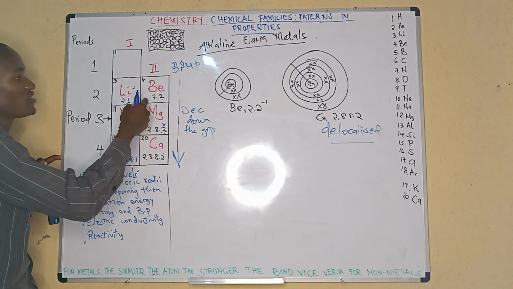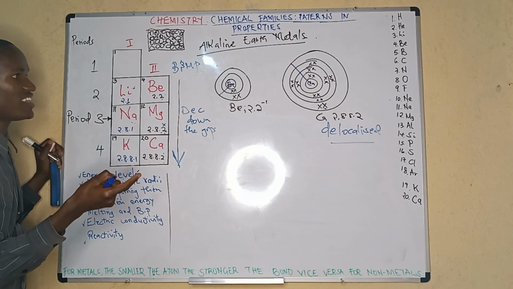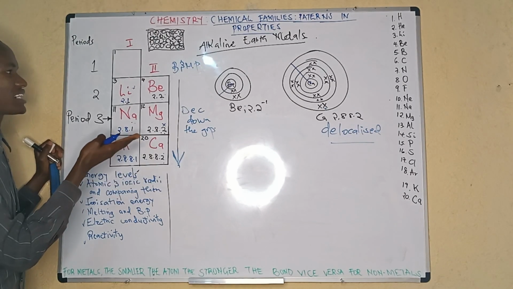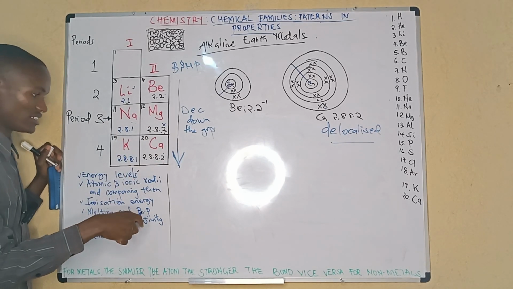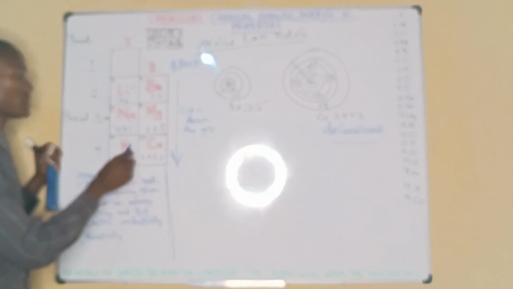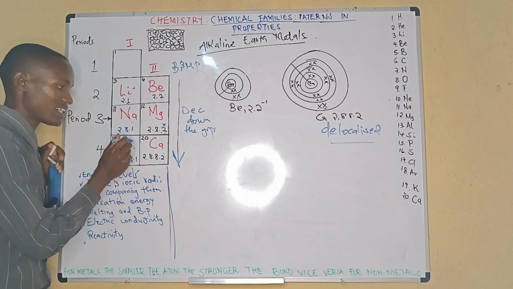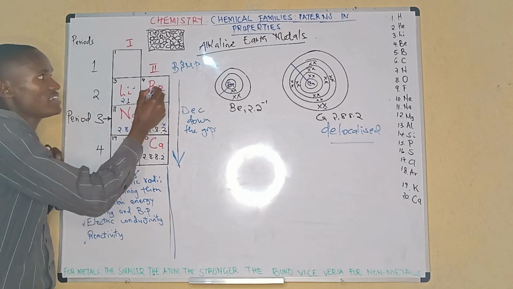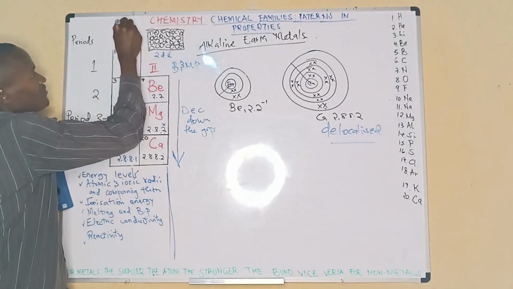Since each of them has two delocalized electrons, we can't say that this one is conducting more than this. No, we just say they are good conductors of electricity. But you can compare them to group 1 metals, the alkali metals. These ones have two delocalized electrons, these ones have one.